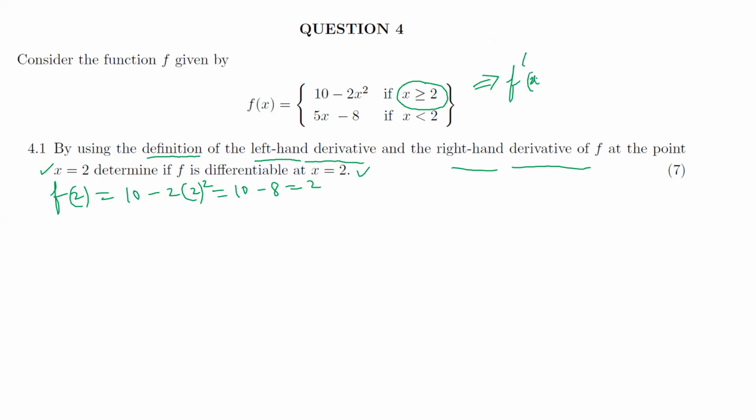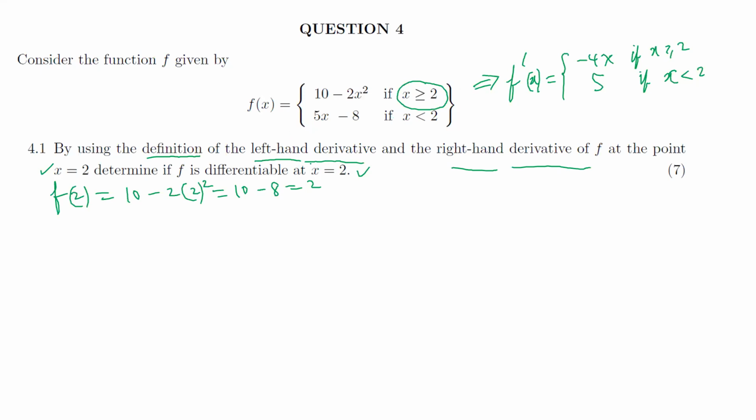What is the derivative of this function here? The derivative of 10 is 0. Minus 2x squared is minus 4x. And then 5, for x less than 2. So this is the derivative of the function.